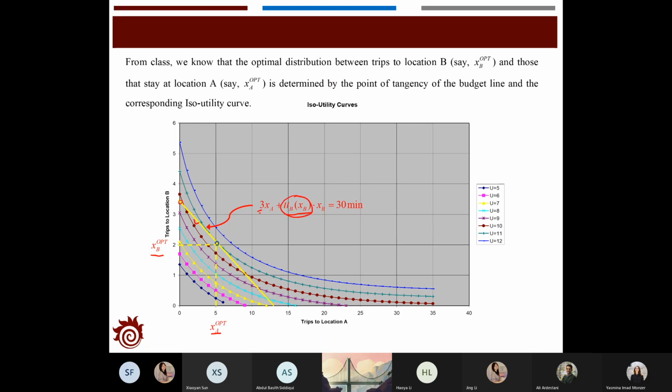And in the next slides, I'm going to show you how to do this calculation. But for now, you need to use as many Isotd curves as possible, and as many possible values of the TTB, to find the tangent points to complete the estimation of the supply curve, which will be the curve of XB as a function of TTB.